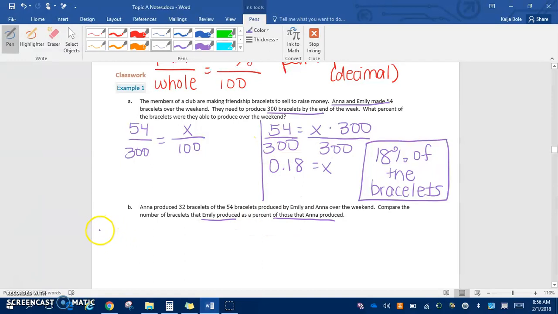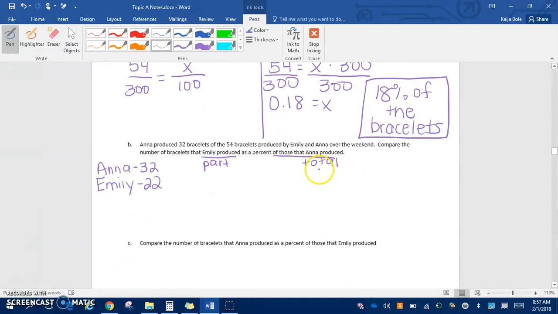Off to the side, I'm just going to set up: Anna made 32 bracelets, that means Emily made 22 bracelets. Emily's portion is going to be the part, and they want percent of those that Anna produced, so that's going to be the total, or the whole.